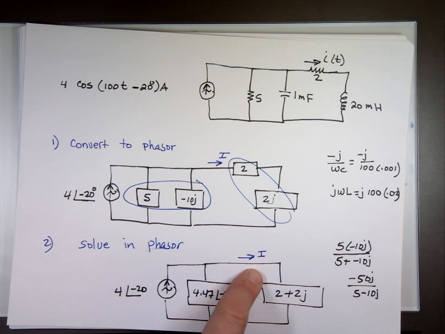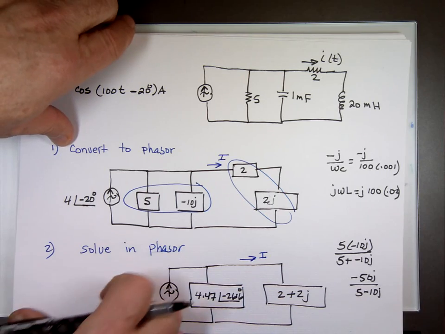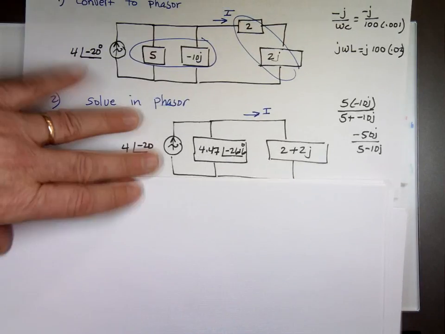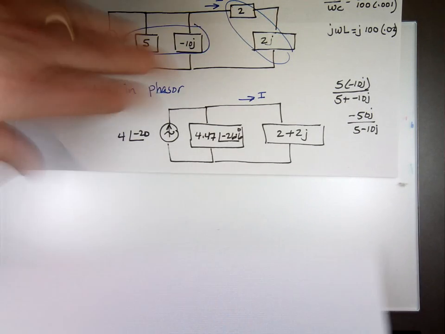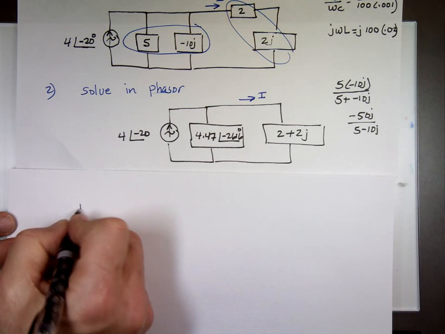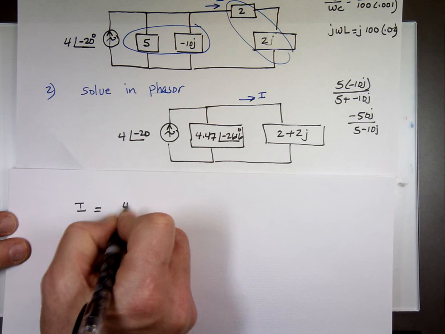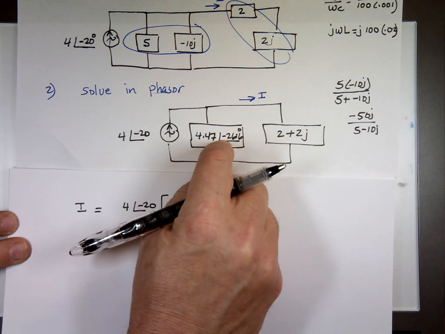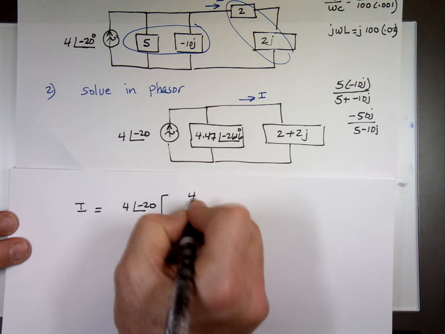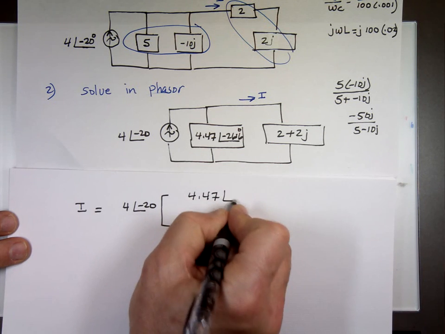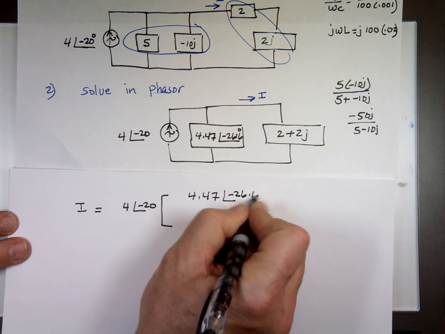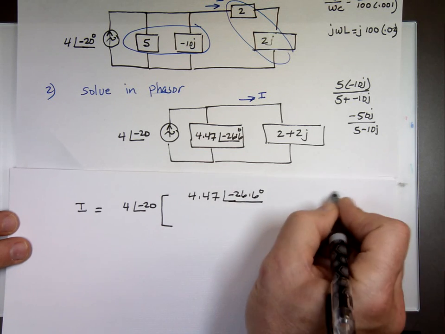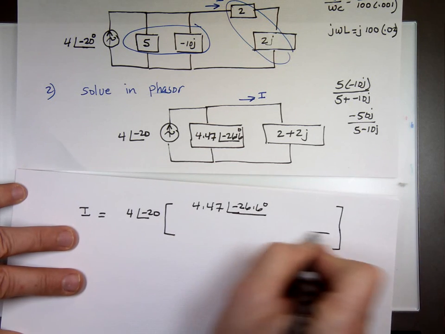Now, how do we find I here? Current division, absolutely. The current's going to split. I is going to be the source, which is 4 angle negative 20, times this impedance, current division, over the sum of them.